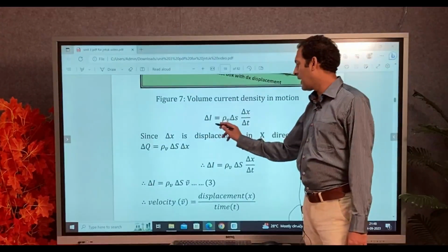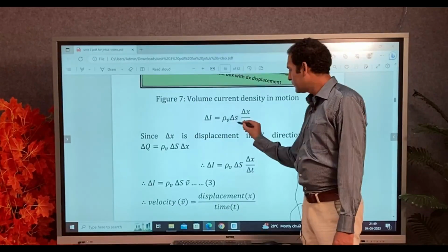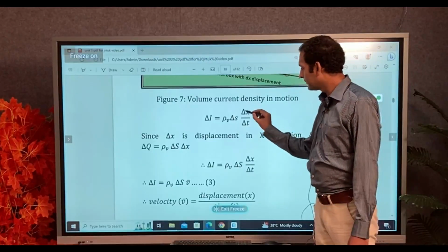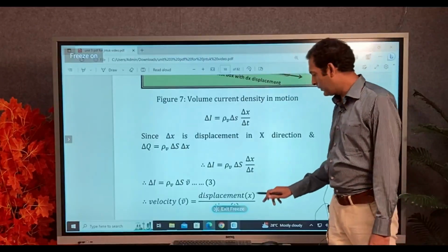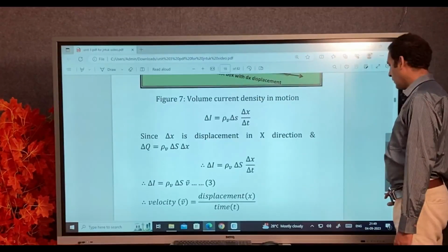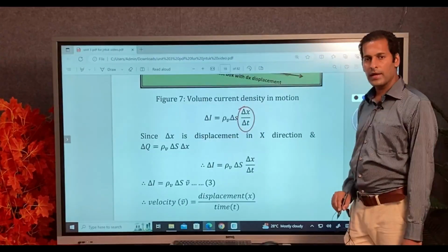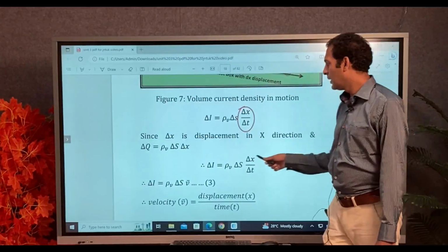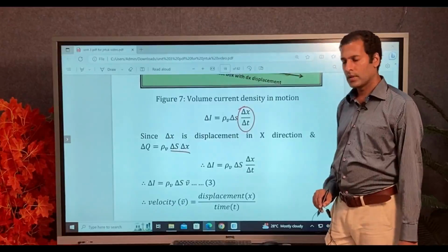So what is I then? Delta I is equal to rho v dv. Now dv is differential surface into differential length. Now differential length is some displacement per time. What is the definition of velocity? It is nothing but displacement per time, delta x by delta t. Since delta x is displacement in the x direction, delta q is equal to rho v delta s delta x.